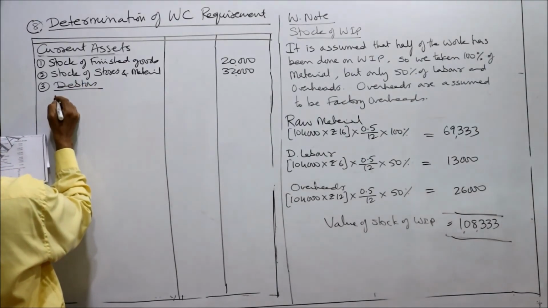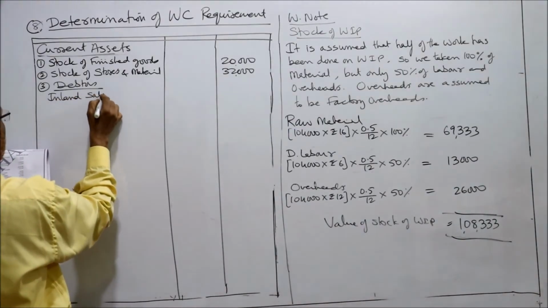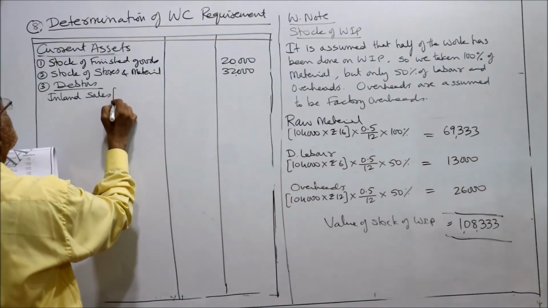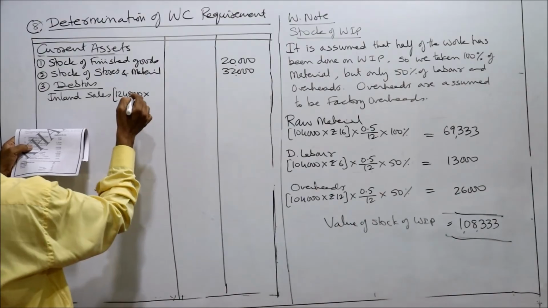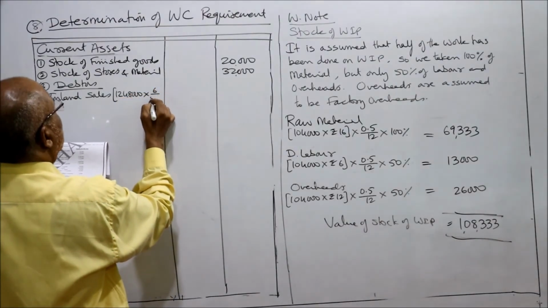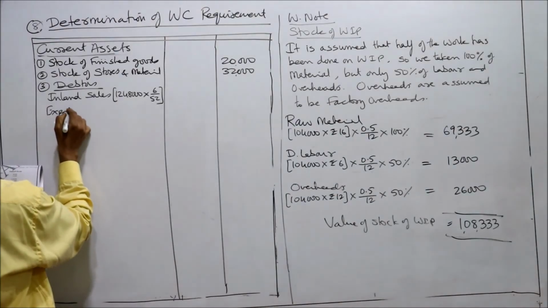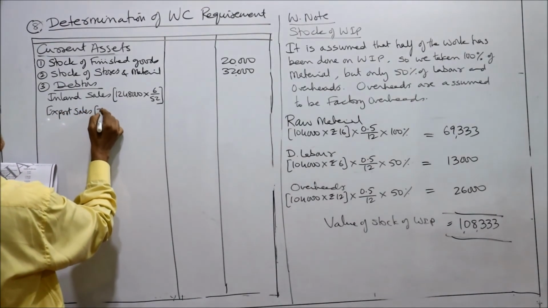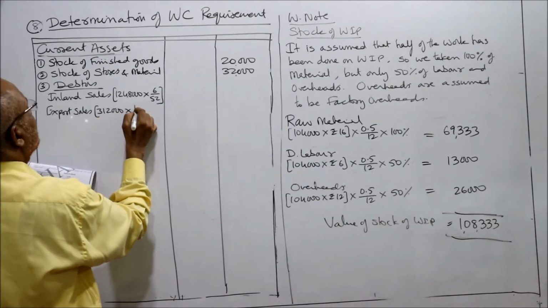In debtors we have inland sales. Inland sales is 12,48,000 into 6/52. Export sales is 3,12,000 into 1.5/52.